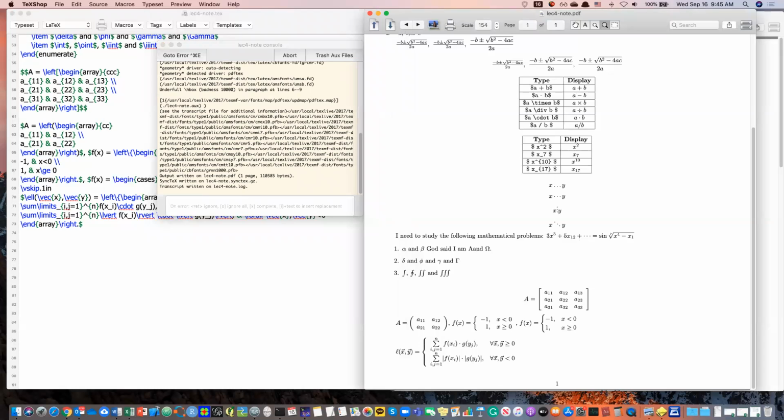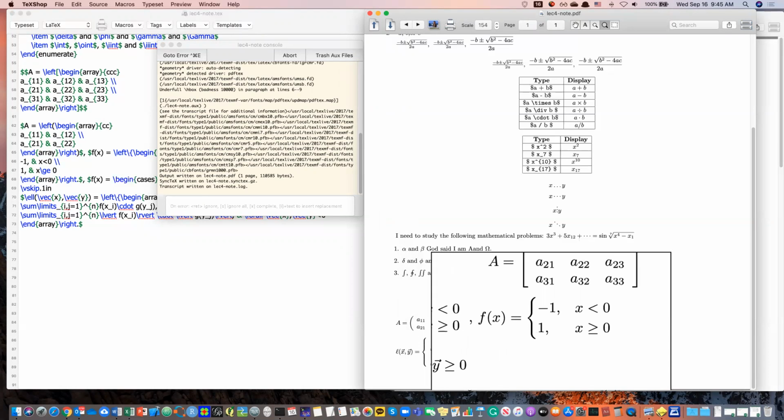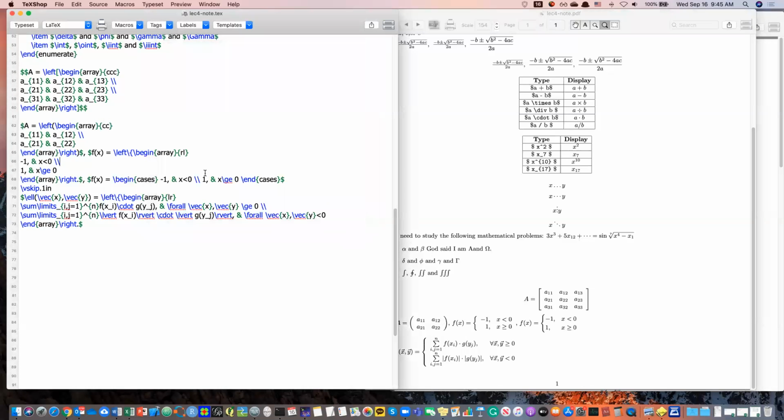You got this. But here's a question. Look at this: -1 and 1 are not aligned, right? So how can you do that? Here you can change the position of the and symbol.